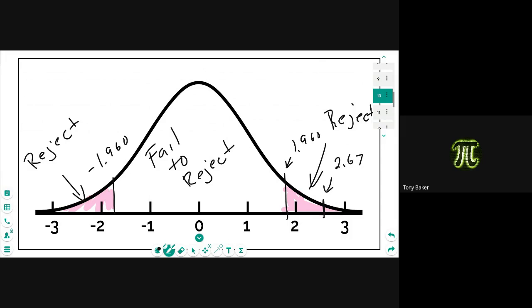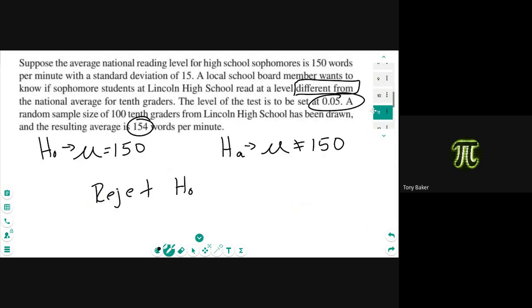Now, the next piece of this is actually important. When we reject the null hypothesis, you have to state it in terms of what their question is. So we've got the reject. That means that the sophomores at Lincoln High School are reading at a different level than the national average.